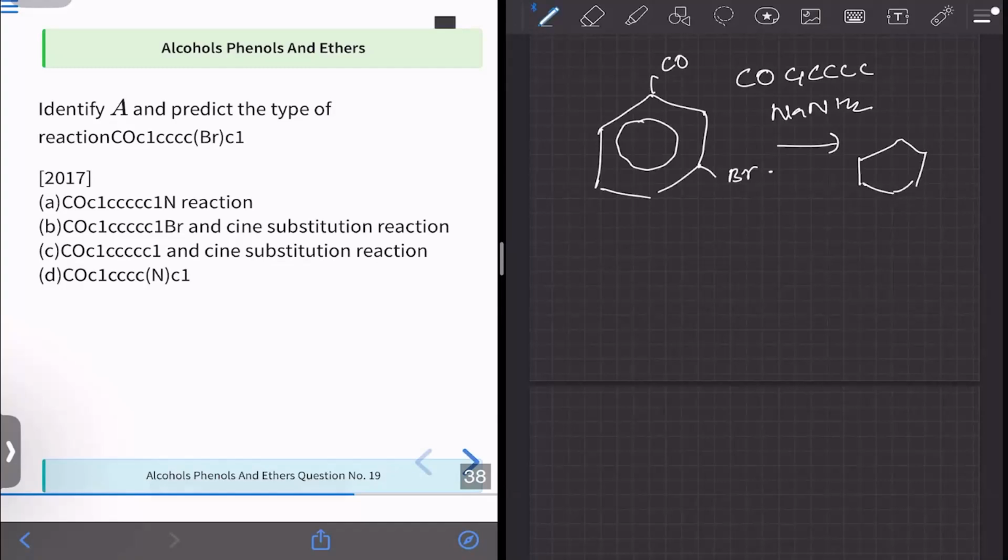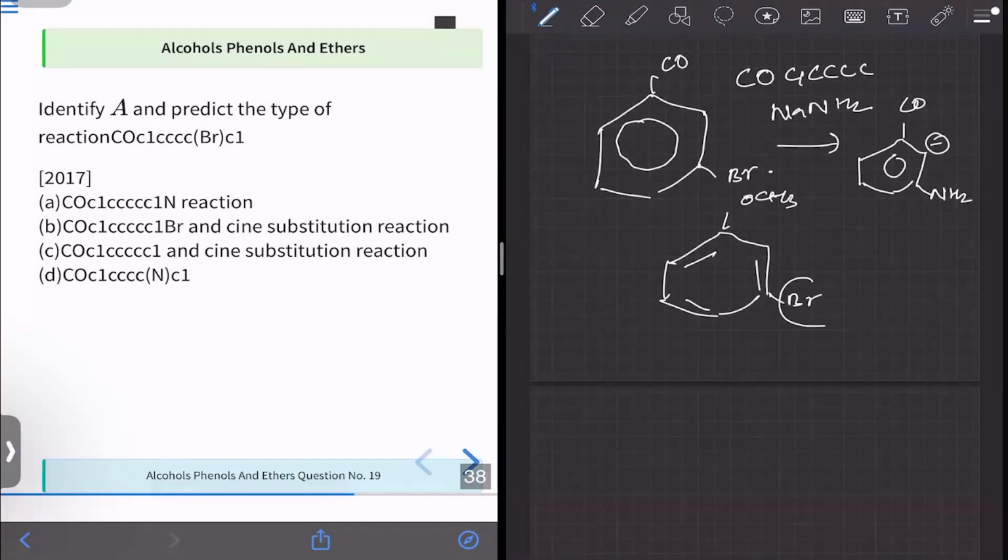In NaNH2, Na is positive and NH2 is negative.